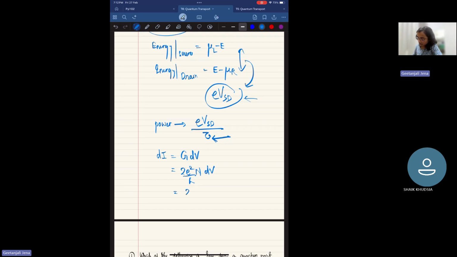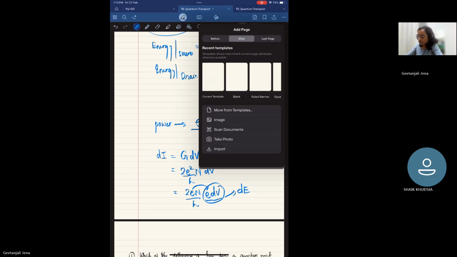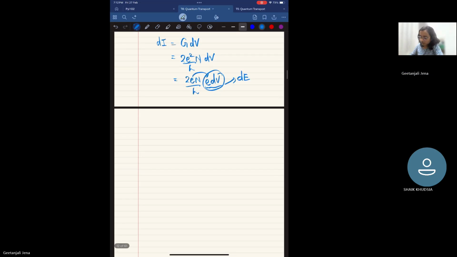We can rewrite this, taking one e out, so we have e dV, which is nothing but dE, the small change in energy. So we have the expression for the current: 2 e N by h dE.